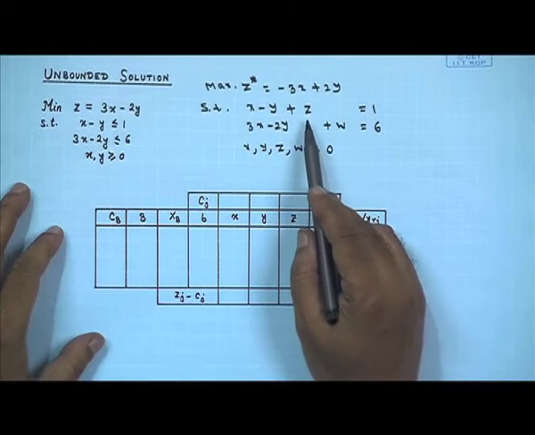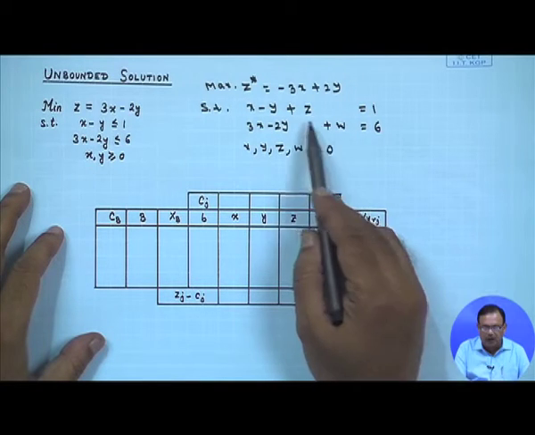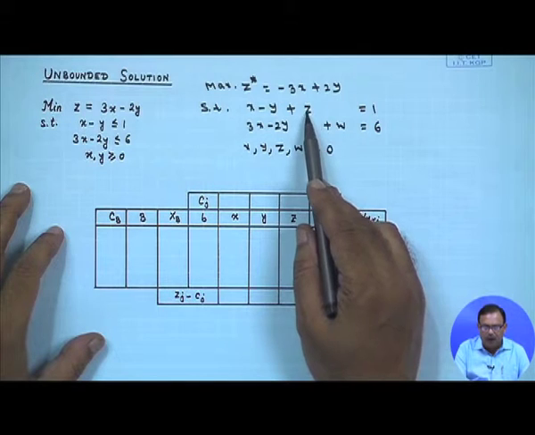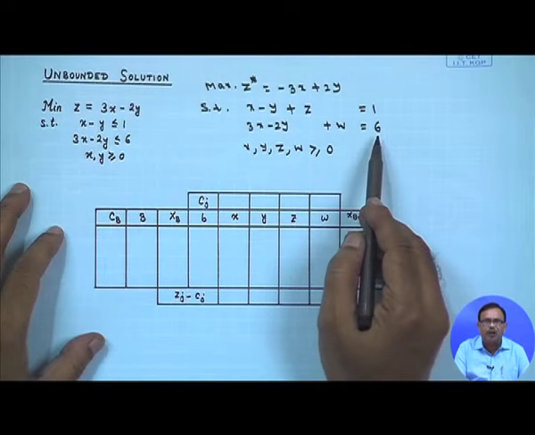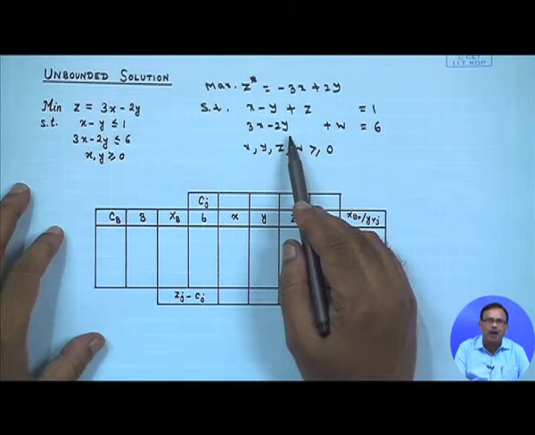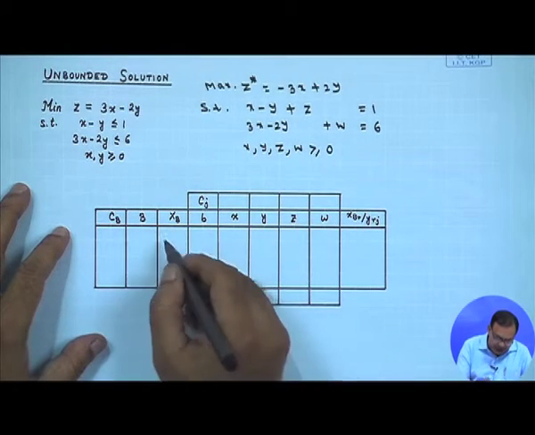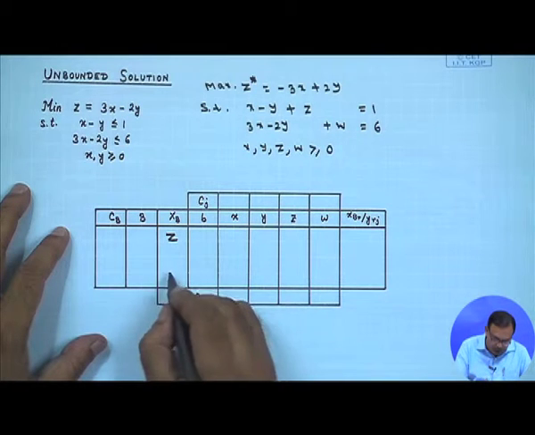In the basis, the variables will be z and w. The initial basic feasible solution will be z equals 1, w equals 6, and the values of x and y are 0.